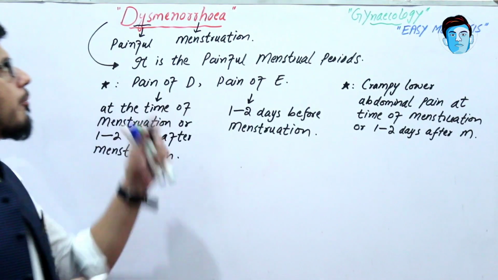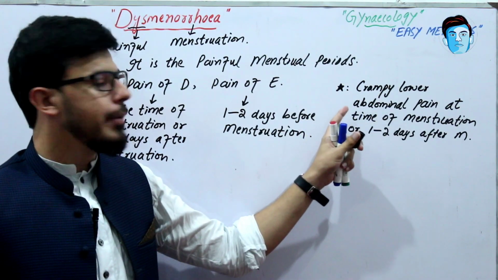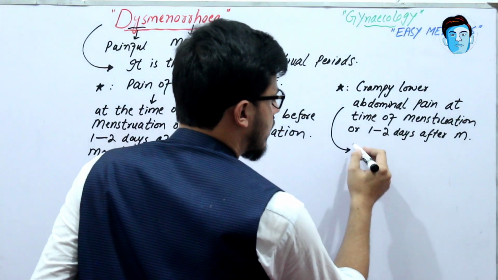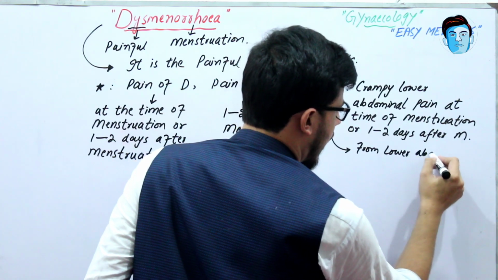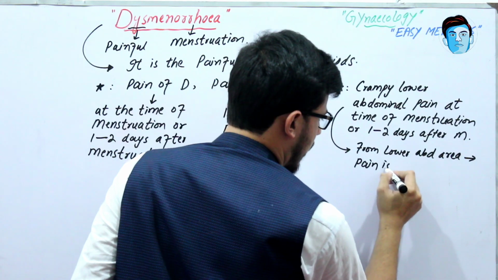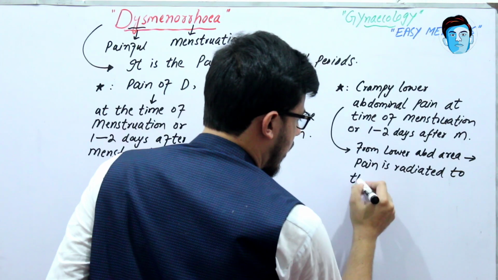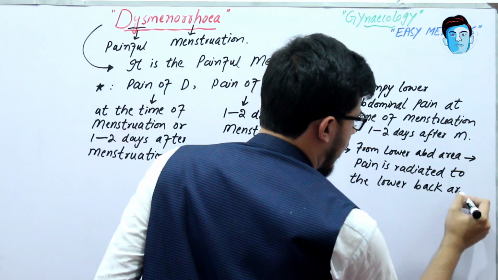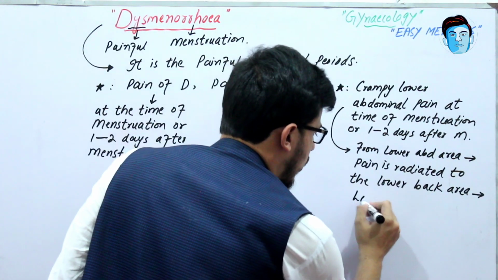So what is the nature of pain of dysmenorrhea? In dysmenorrhea there is crampy lower abdominal pain, and from the lower abdominal area the pain is radiated to the lower back area, and often it radiates to the lower extremities.